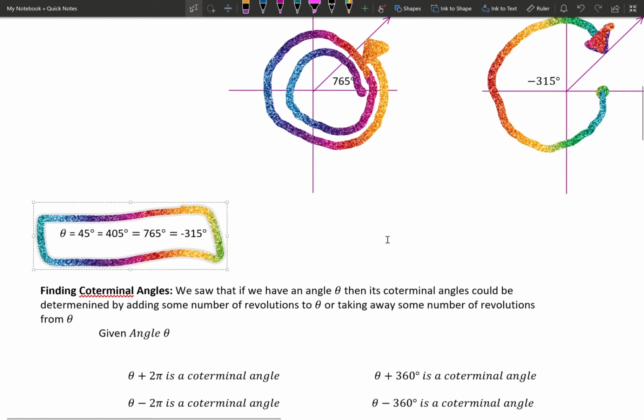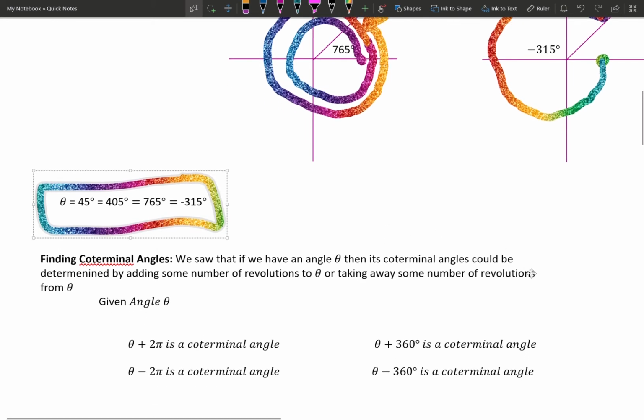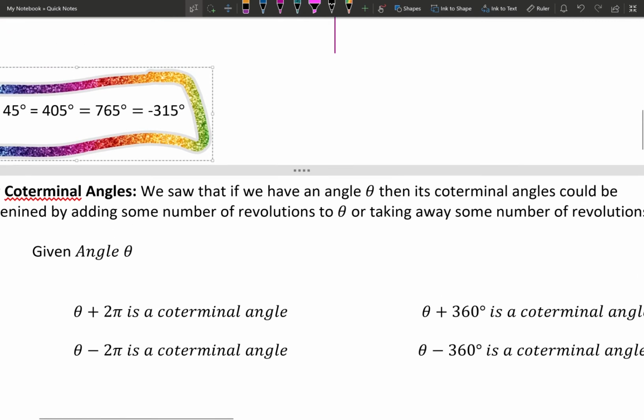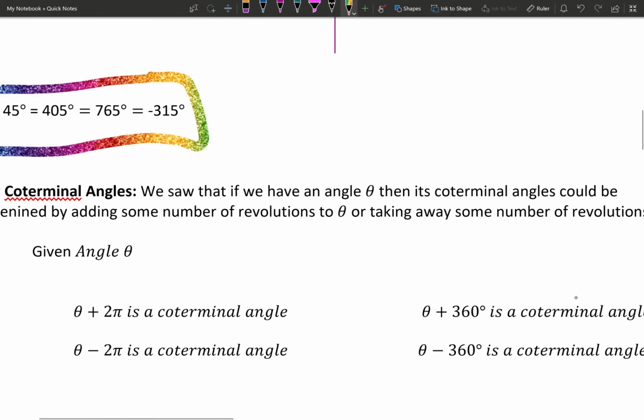So how do we go about finding coterminal angles? Well, as we saw in the above statement, coterminal angles are just some angle plus one rotation or minus a rotation. How do we talk about rotations? Well, it's either 360 degrees or 2 pi radians, right?